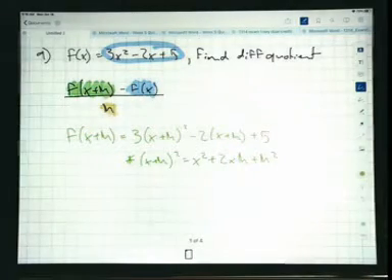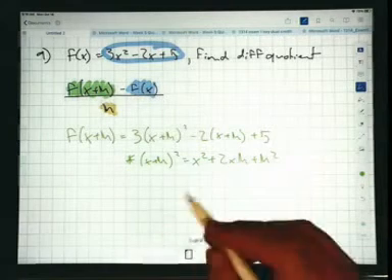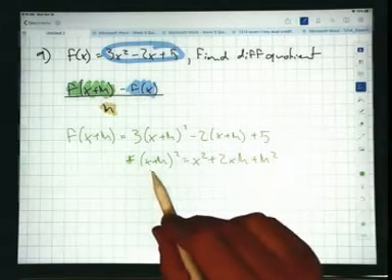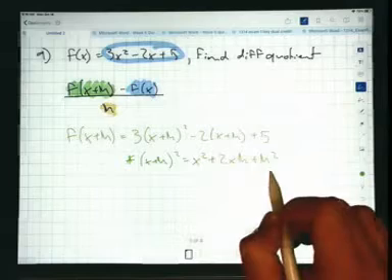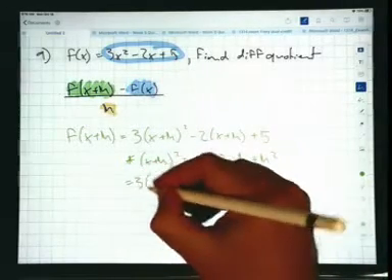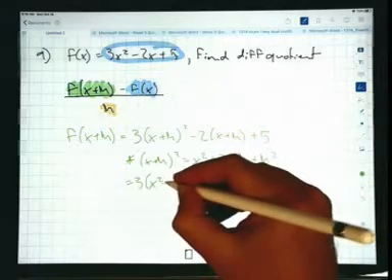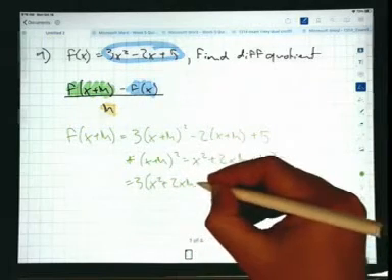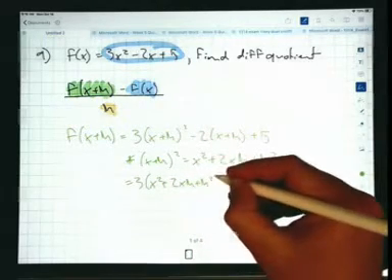Know how to FOIL x plus h by itself to get this. So this becomes 3 times x squared plus 2xh plus h squared.